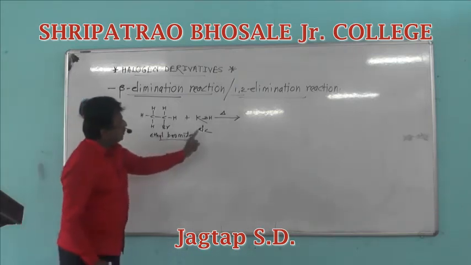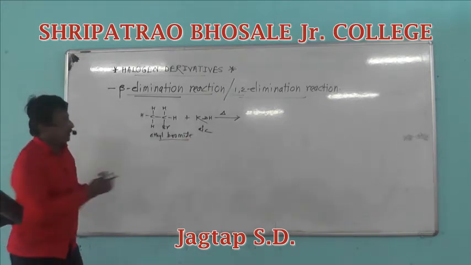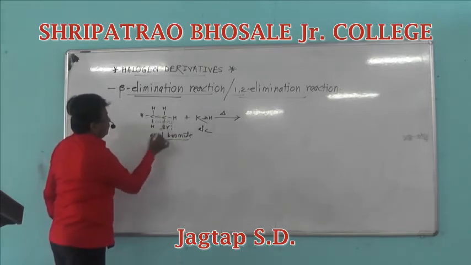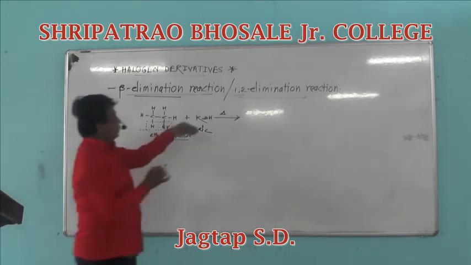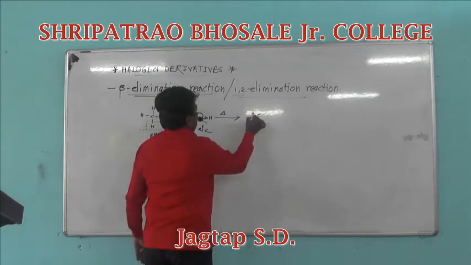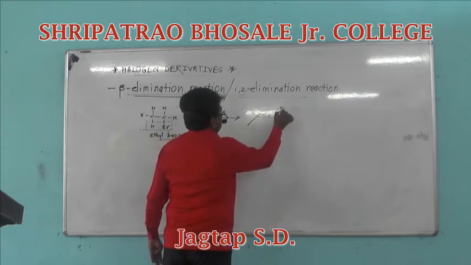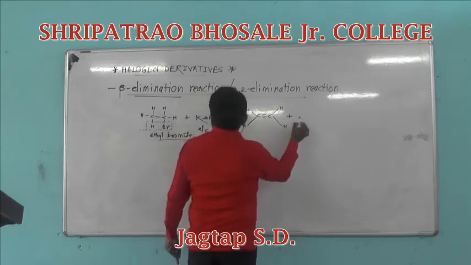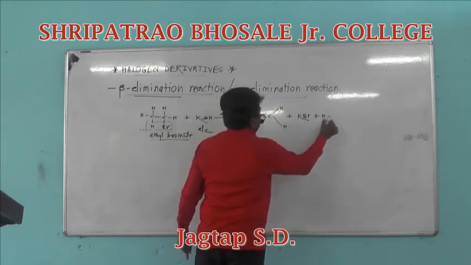Then, in the presence of alcoholic potassium hydroxide, the removal of hydrogen halide takes place from adjacent carbon atoms to form the corresponding alkene, ethylene, along with potassium bromide and H2O.